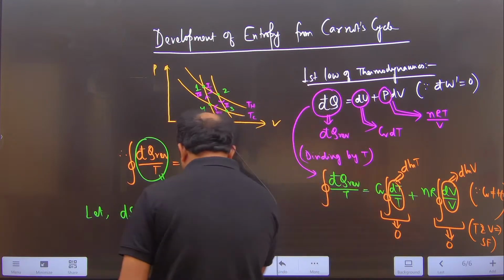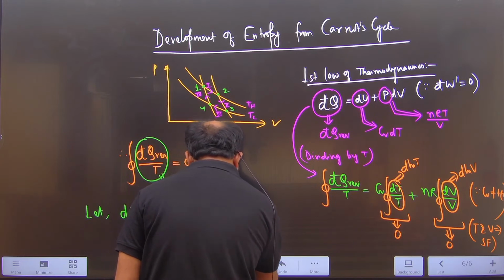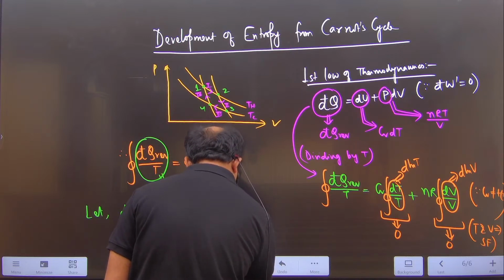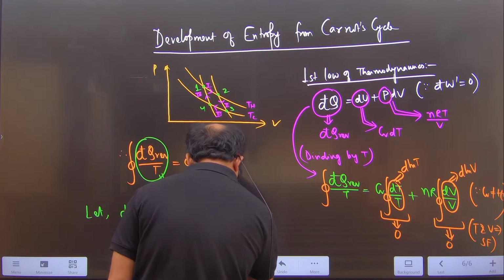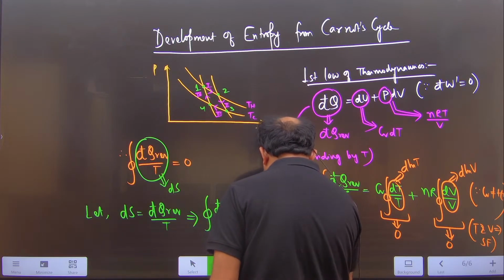Then one can write the cyclic integral of dQ reversible by T, which is nothing but the cyclic integral of dS, and this is 0.